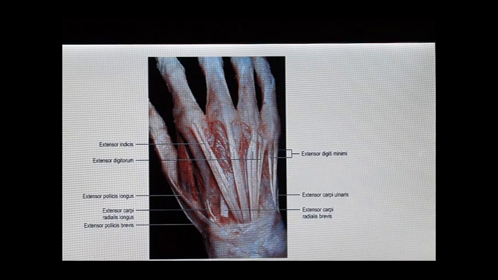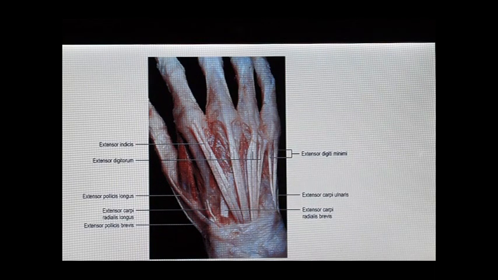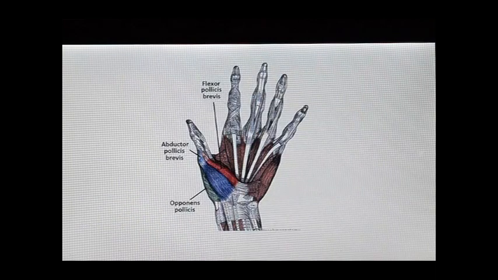One more tendon is seen, that is extensor indicis, and we can also appreciate anatomical snuff box which is bounded laterally by abductor pollicis longus and extensor pollicis brevis, and medially by extensor pollicis longus.